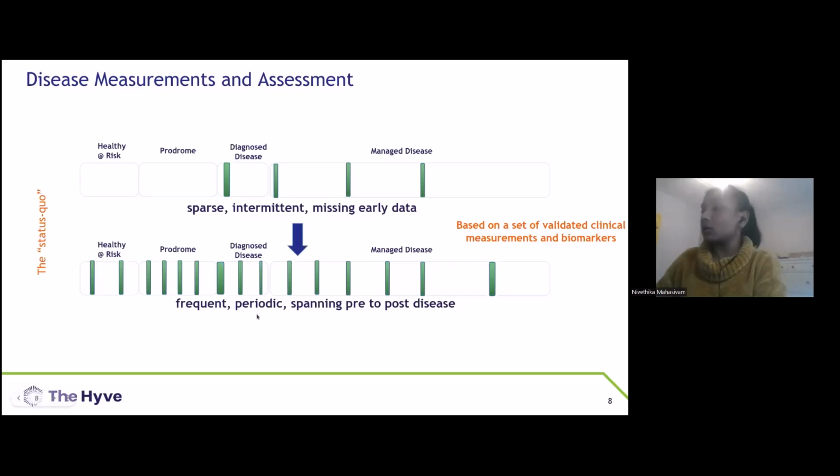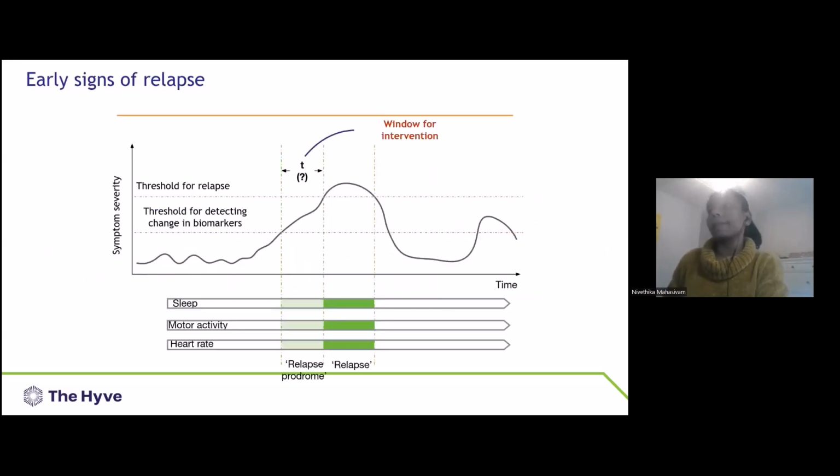And until now, these disease measurements and assessments are done based on validated clinical measures and biomarkers that are already out there. Another motivation for this project is to look into chronic diseases, where you can have relapses.